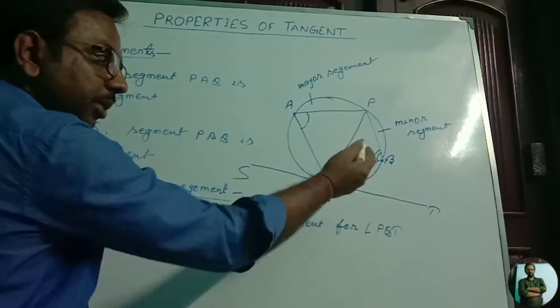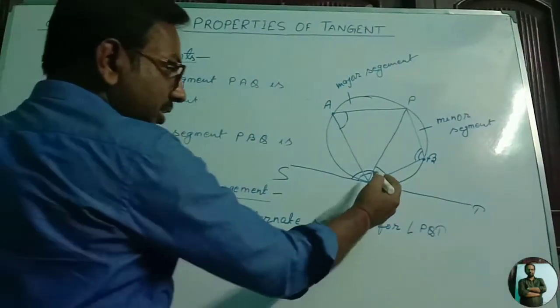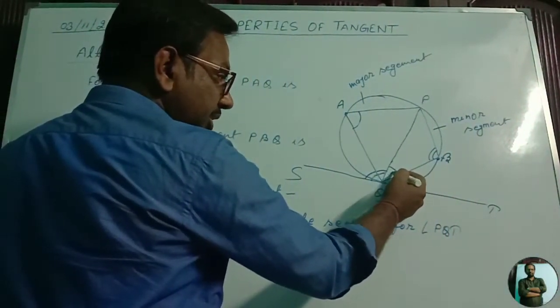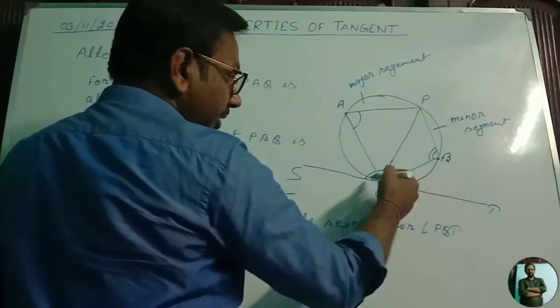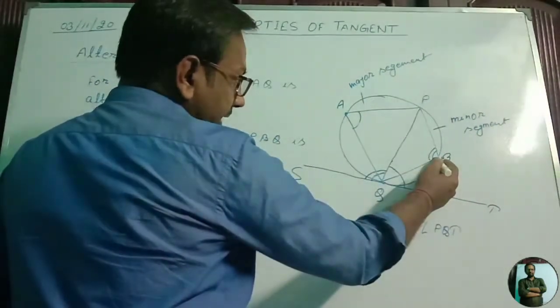For this angle, which one will be the angle in the alternate segment? Again, the same process. We cross this chord, we reach here, and after that we travel along the side of the cyclic quadrilateral APBQ, and we reach this angle.